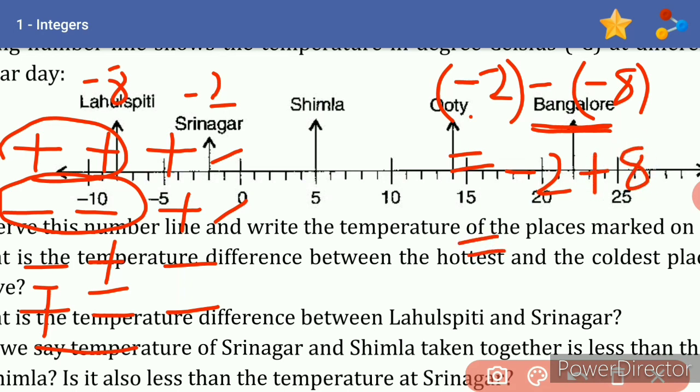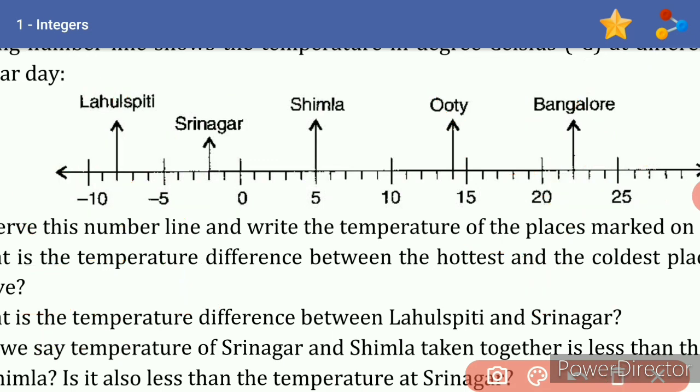Now again, what do we do? 8 minus 2. Here there is one negative number and one positive number, so we do subtraction. 8 minus 2 is 6 and the bigger number is plus, so the answer is plus 6. So the difference between Srinagar and Lahul Spiti is 6.